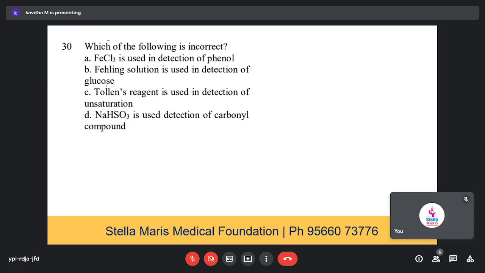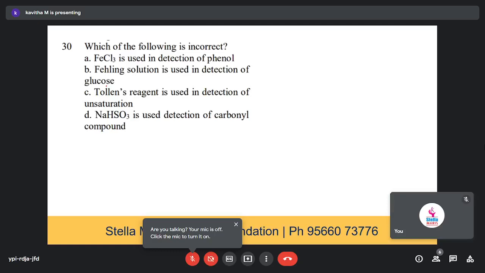If a few drops of Fehling A and Fehling B are added to the glucose solution and heated, you get a brick red color: cuprous oxide, Cu2O, is formed, and that red color shows the presence of reducing sugars like glucose.